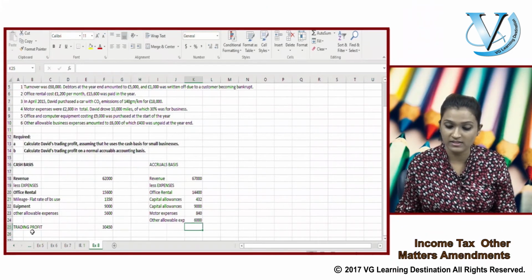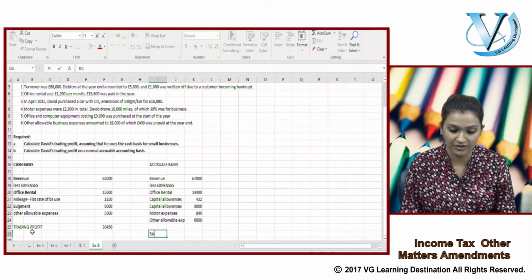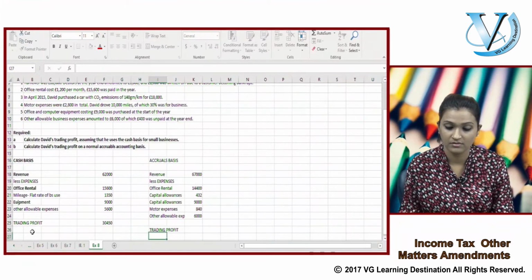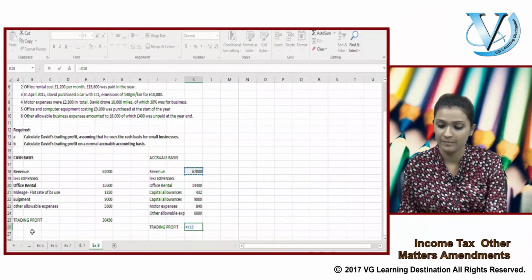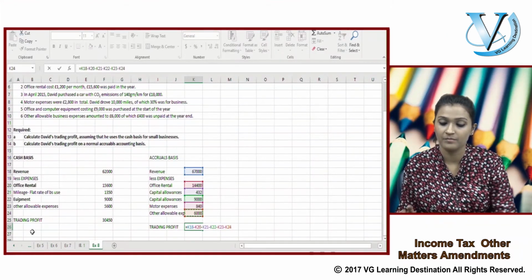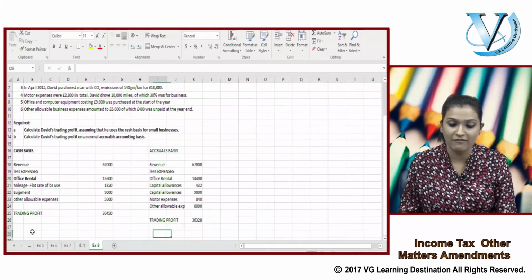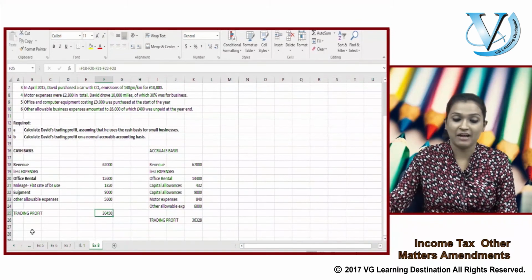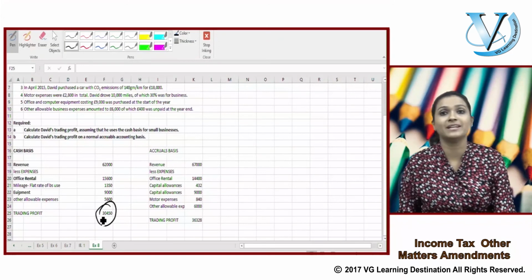Thereby, what is your net trading profit? 36,328.